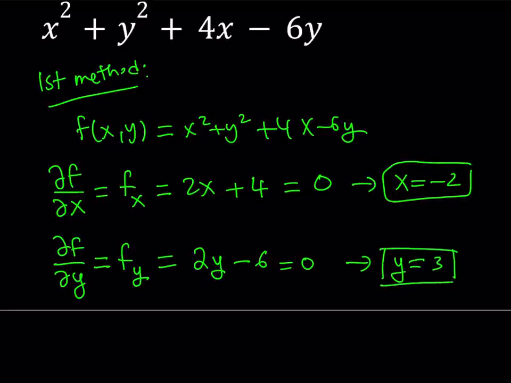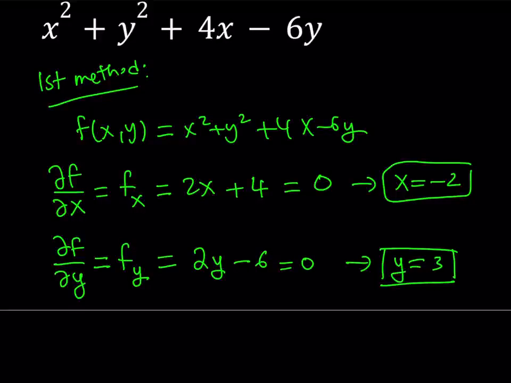Normally, with these kinds of expressions, for example, if we had a term like xy, when we differentiate the function, we would be getting both x and y together in the same equation, and then we would set up a system and solve it. But this time, we're not getting that, and we're just getting an x value and a y value.